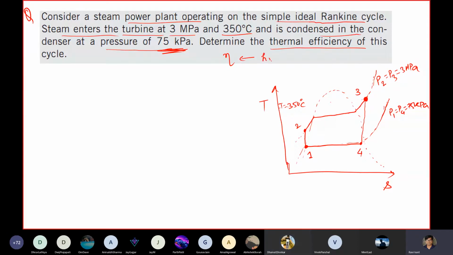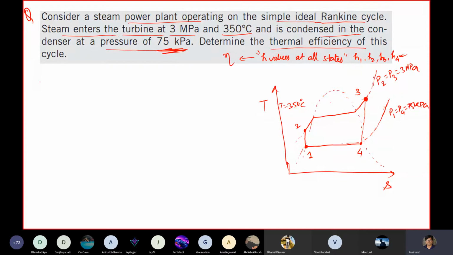So we should have H values at all states. This is what should come into mind. Once we have H values, essentially I should have calculated H1, H2, H3 and H4, then we are done. We could calculate efficiencies very easily.